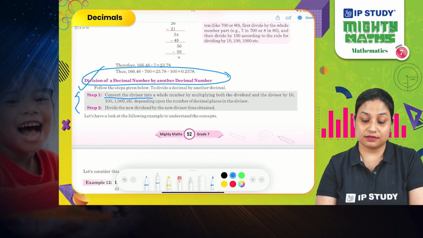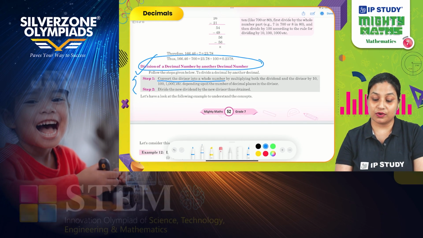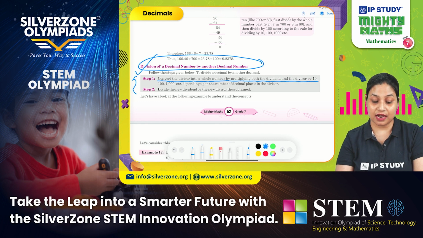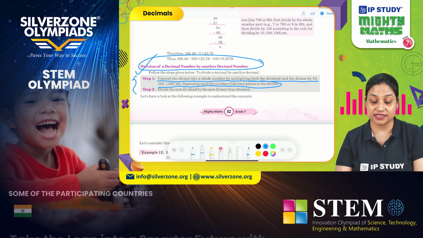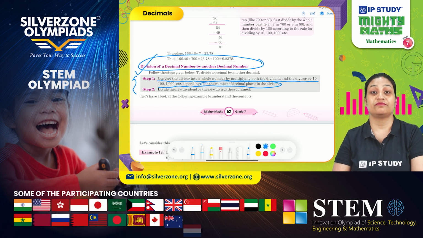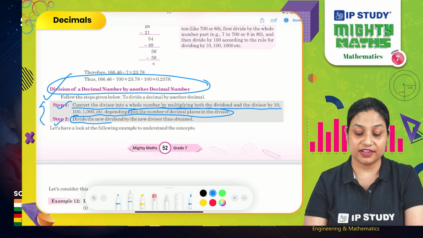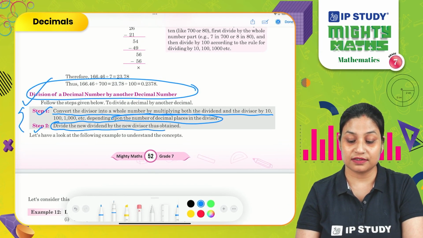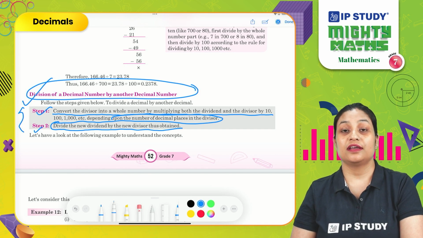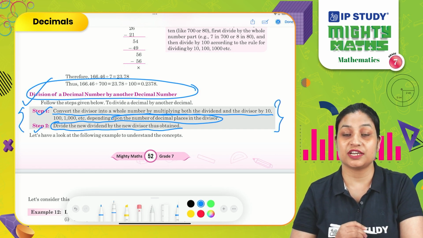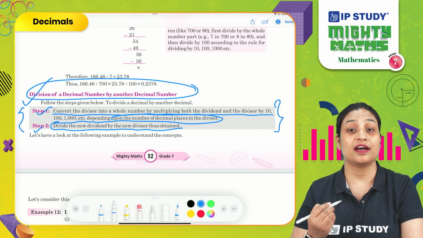Convert the divisor into a whole number by multiplying both the dividend and divisor by 10, 100 or 1000, etc., depending upon the number of decimal places in the divisor. Very important point, right? In step 2, what do we have to do? Divide the new dividend by the new divisor thus obtained. Now, let's see how to use these 2 steps in order to divide a decimal number by another decimal number.